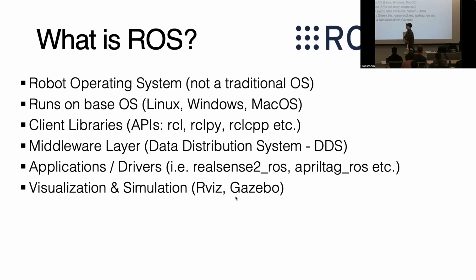The big change between ROS 1 and ROS 2 is that this middleware layer was swapped out for a new one. In ROS 2, this is a data distribution system, DDS, and there are many versions of DDS that you can use with ROS. Basically, any DDS system that follows specific specifications can work.